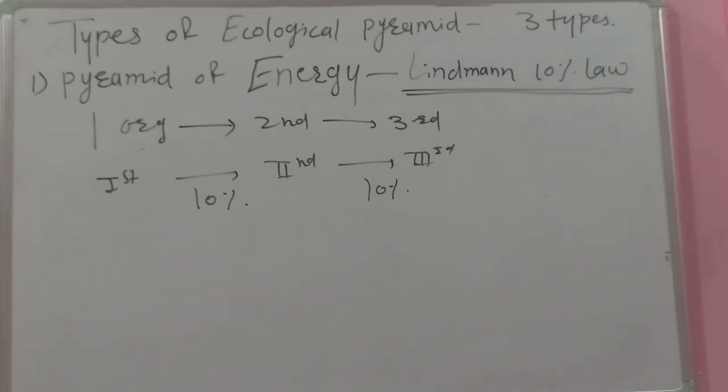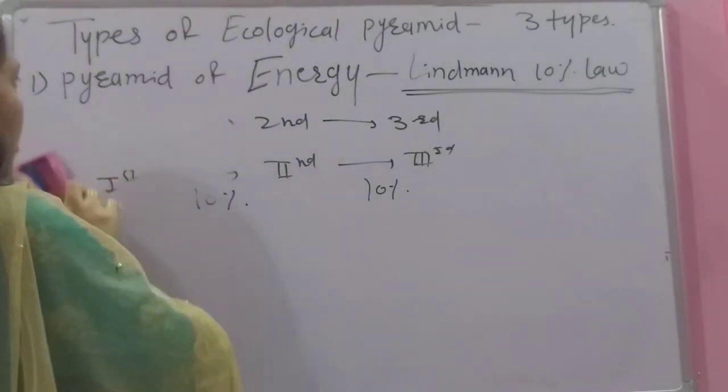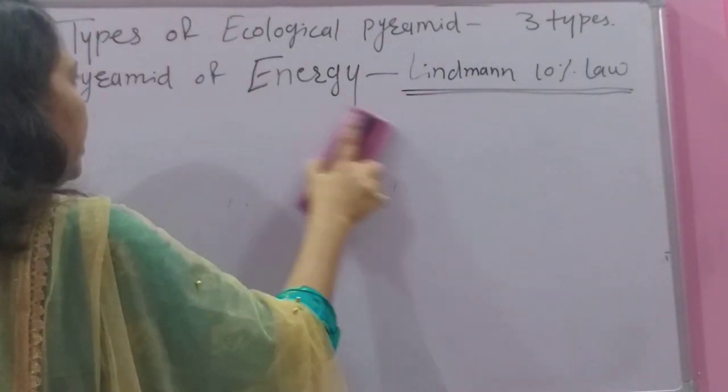The example of the third type, the pyramid of energy.